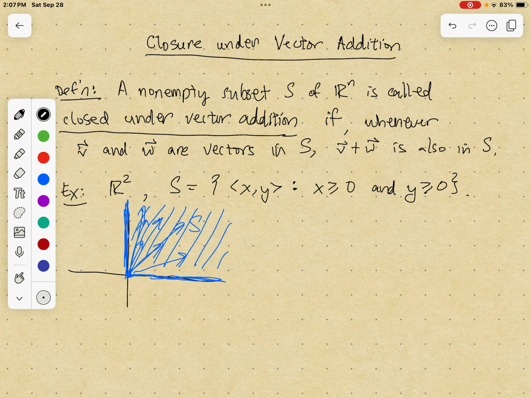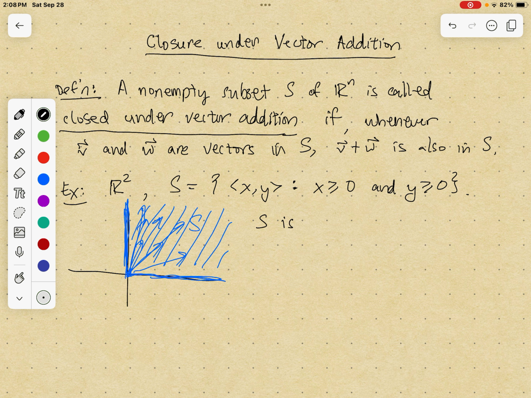Well, what do you think? The answer is yes. It's true that whenever you take two vectors that lie in the first quadrant and add them, you get something in the first quadrant, right? So S is closed under vector addition.